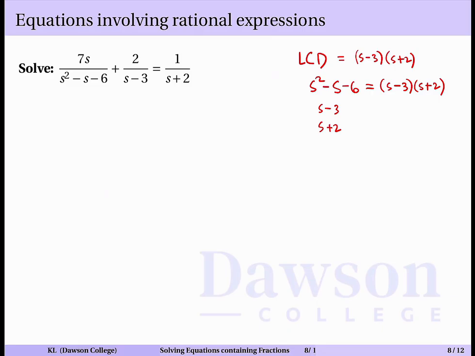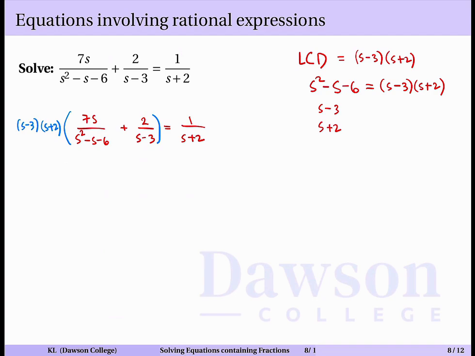So we have here 7s divided by s squared minus s minus 6, plus 2 over s minus 3, equals 1 over s plus 2. We multiply by that LCD, (s minus 3)(s plus 2).